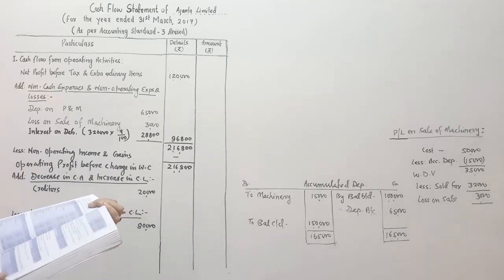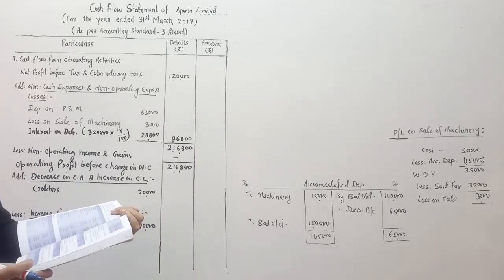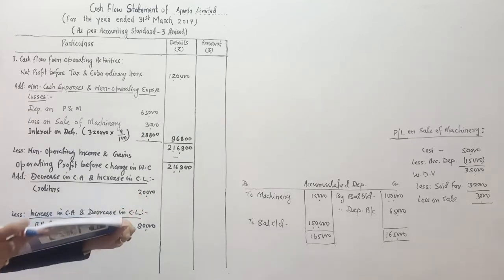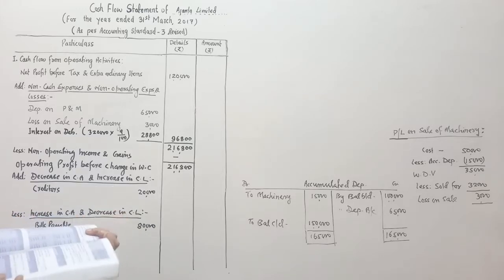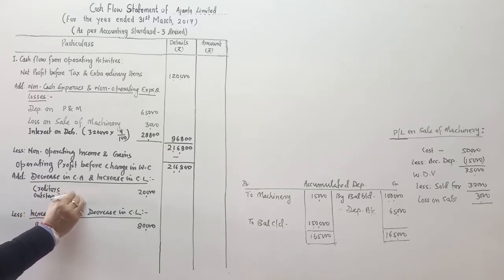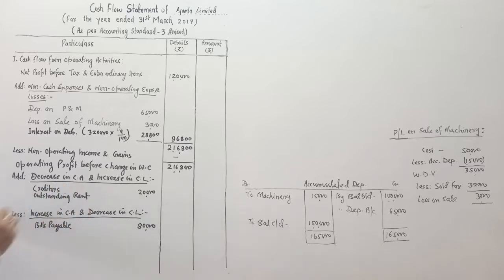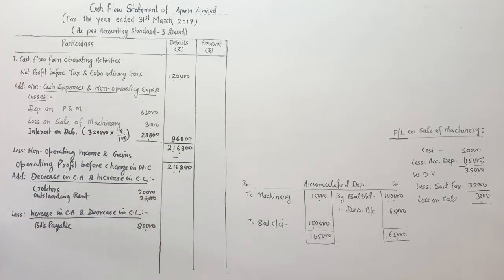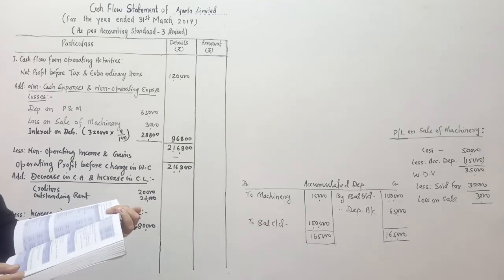Now come to the other current liability. Refer note number 3. In other current liability, outstanding rent is there. Last year outstanding rent was 1,60,000 and this year it is 1,80,000. So outstanding rent is increased by 20,000, and we will add it because it is a current liability. Now coming to the asset side, inventories.